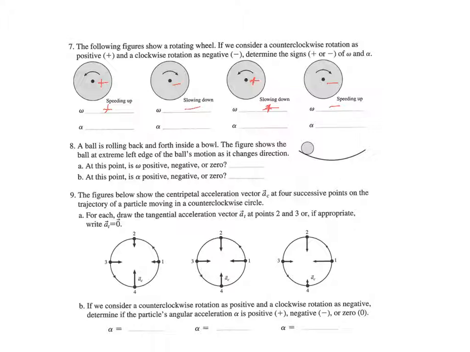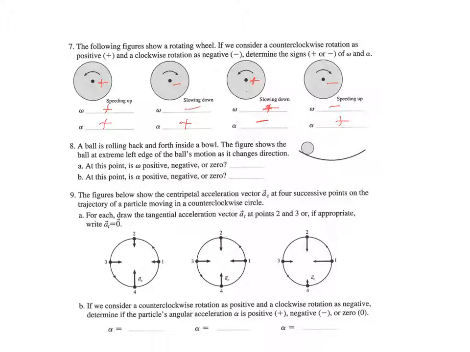It's the old counterclockwise, clockwise thing that we should know by now. So if it's going in the plus direction and speeding up, 2 pluses is a plus. It's going in the negative direction and slowing down, 2 negatives is a plus. It's going in the positive direction and slowing down, a plus and a minus is minus. And it's going in the minus direction but speeding up, a minus and a plus is plus.